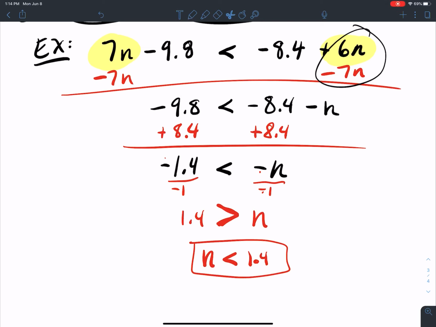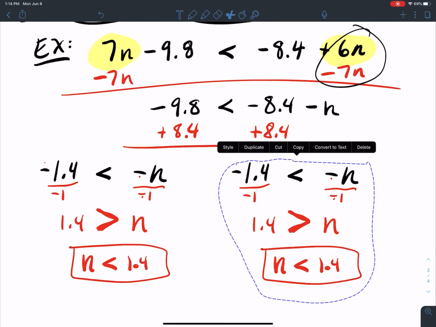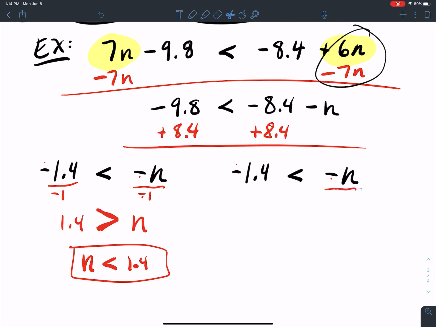Now, I want to show you why this actually works the way that it does. Instead of dividing by negative 1, what I'm going to do is add n.